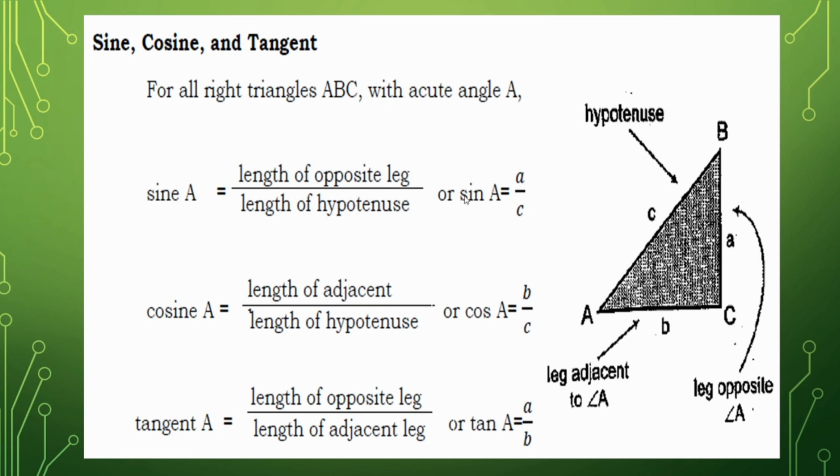For the sine, opposite over hypotenuse, that is A over C. For the cosine, adjacent over hypotenuse, that is B over C. And for the TOA, opposite over adjacent, that is A over B.